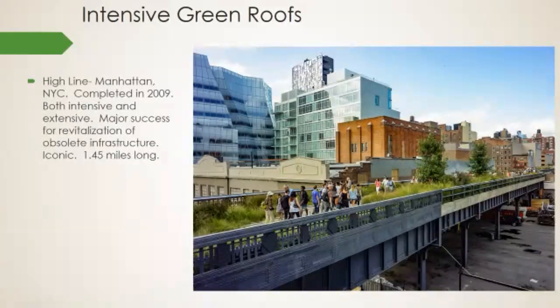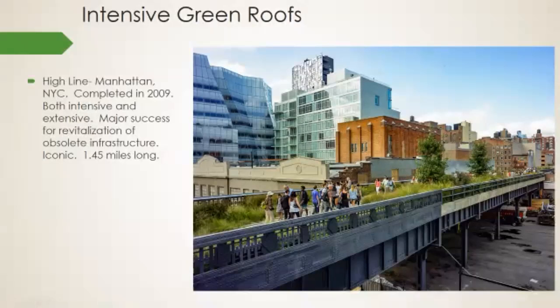Okay, another really outstanding green roof here is the High Line in Manhattan, New York City. It was completed in 2009, and it features both intensive and extensive sections. It's a symbol of sustainable development, really a symbol of sustainable success for New York City.